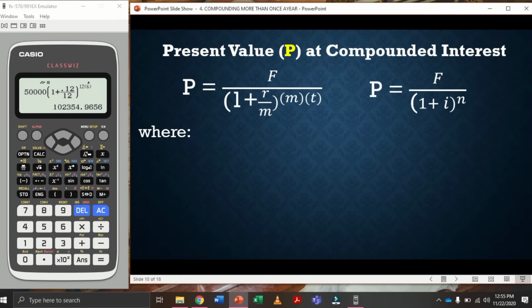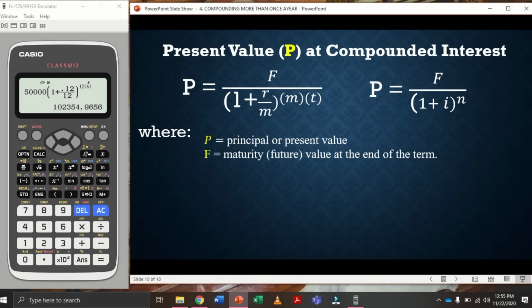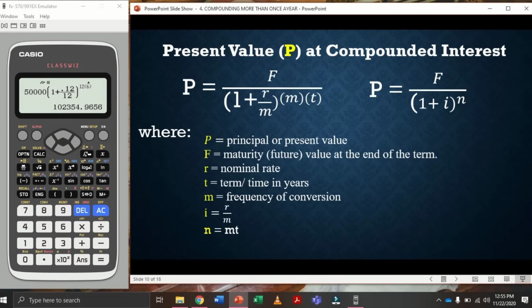Gamit yung formula na yan, kukunin natin yung present value. Where P is the principal amount or the present value, F is the maturity or future value at the end of the term, R is the nominal rate, T is the term, M is the frequency of conversion, I is R over M, and N is M times T.